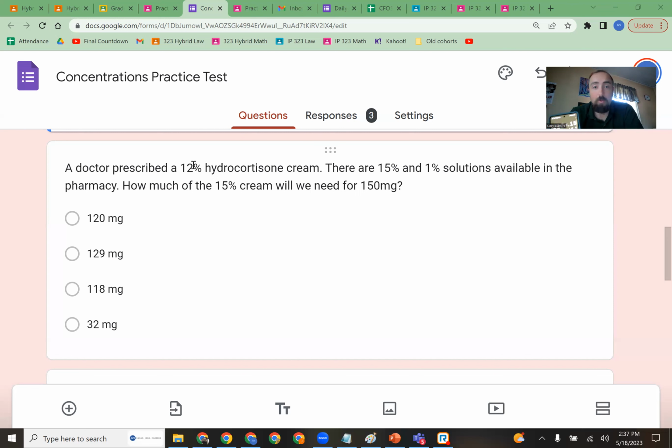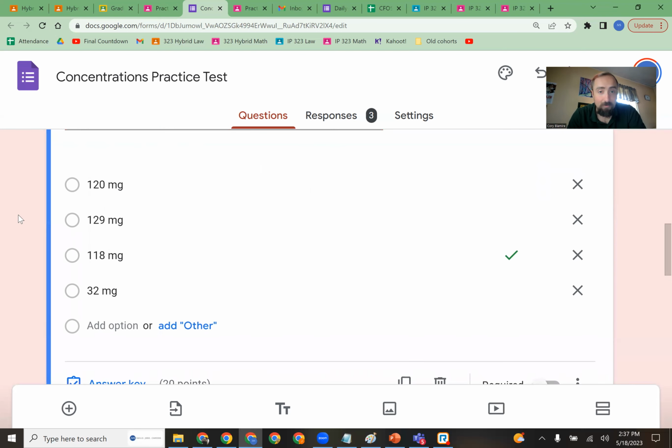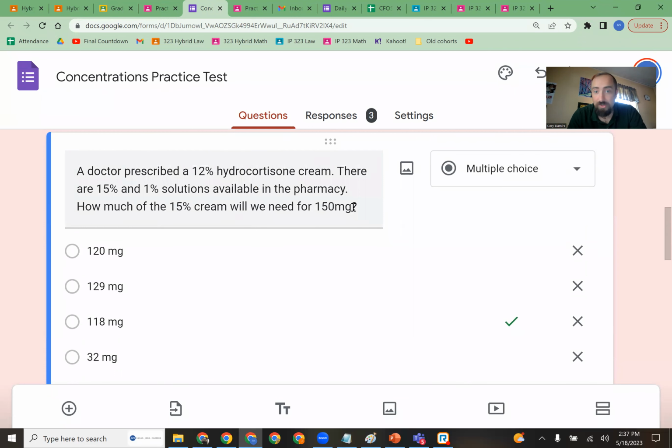Okay, now what we want to get to, we know. We want to get to 150 milligrams of 12%, because it says that right there in the problem. We're getting to this quantity, to this strength. So where we want to be at, when all is said and done, is a point where there's 150 milligrams of cream, 12% of that is hydrocortisone.